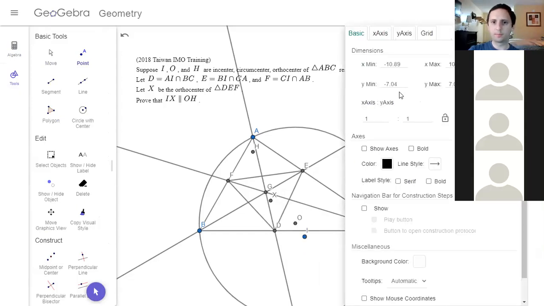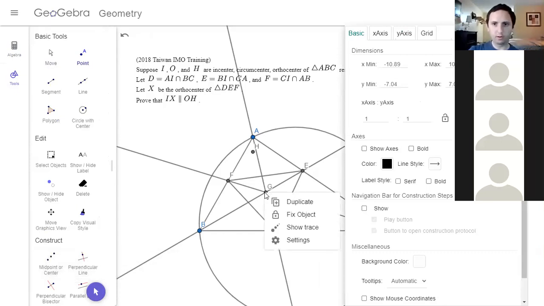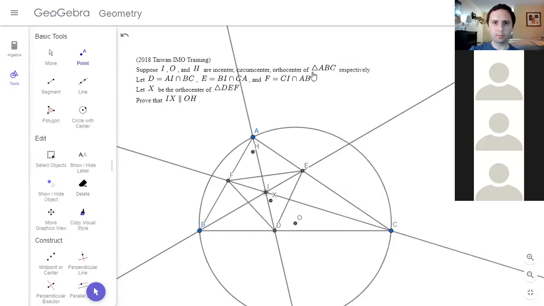Let me draw a point I. We want to show that IX is parallel to OH.